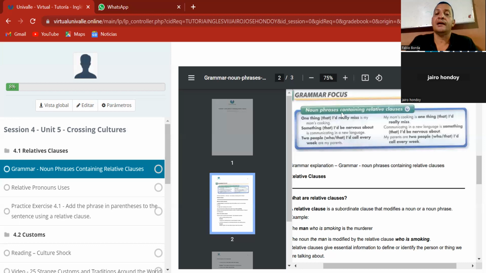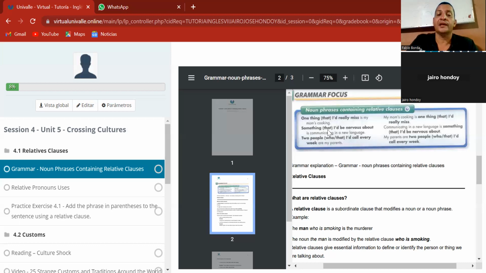This is a phrase containing relative clauses. The relative clause is "one thing that I really miss" at the beginning of the sentence. In the other part, on the right, we have "my mom's cooking is" and it continues with the relative clause. Can you understand this, Jairo?